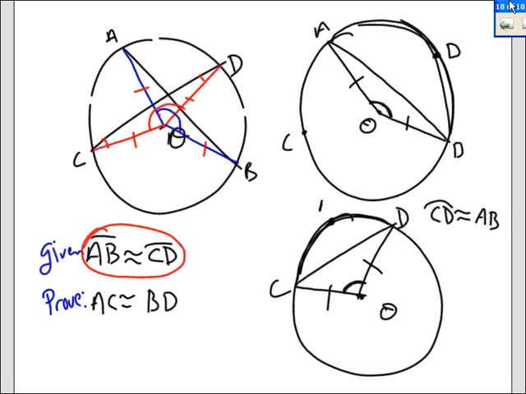Point A is right here. Now CD is really CAD. And AB is ADB.